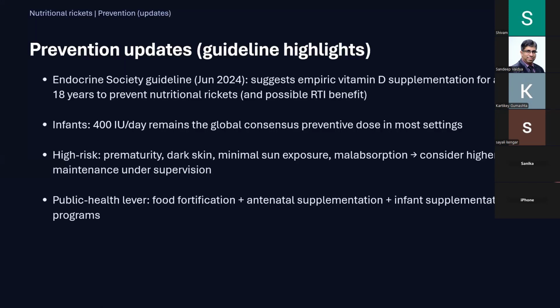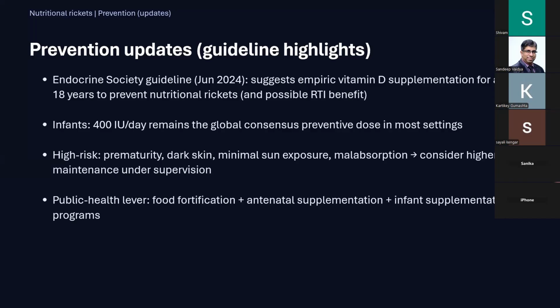Now we come to prevention guidelines of nutritional rickets. The Endocrine Society guidelines suggest empirical vitamin D supplementation for ages 1 to 18 years to prevent nutritional rickets. And in infants, 400 international units per day remains the global consensus to prevent rickets.